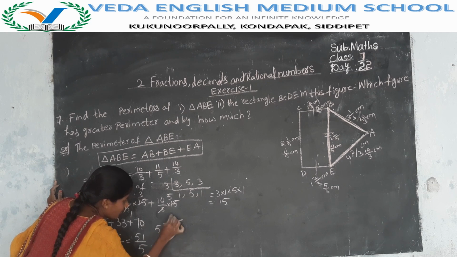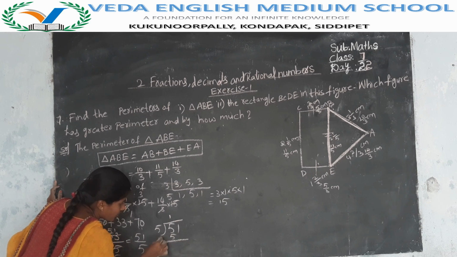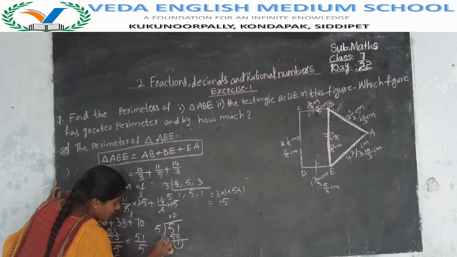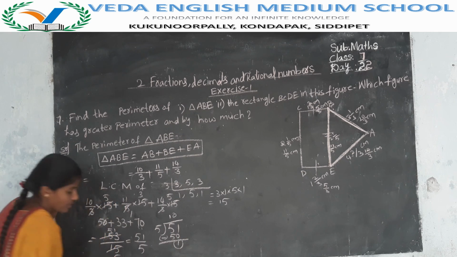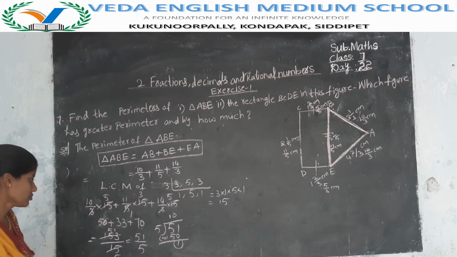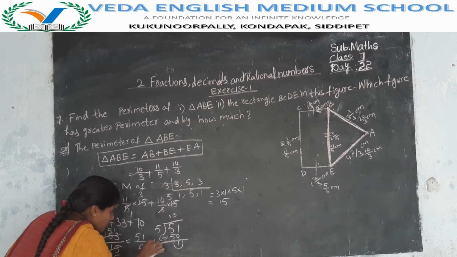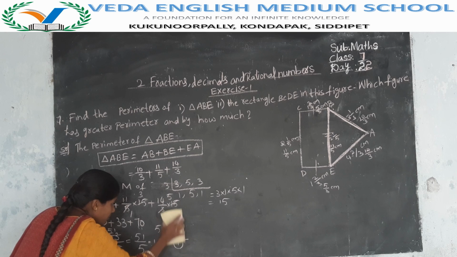5 into 51. 5 tens are 50. 51 minus 50 is 1.